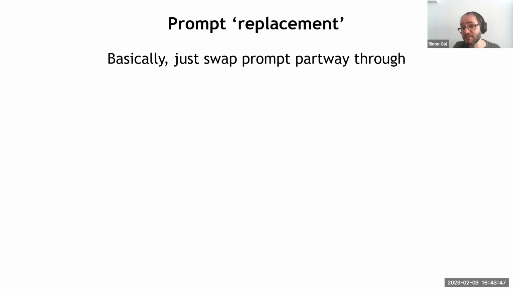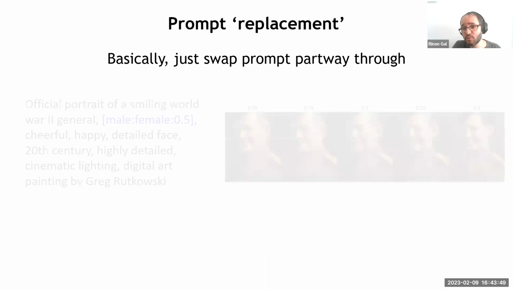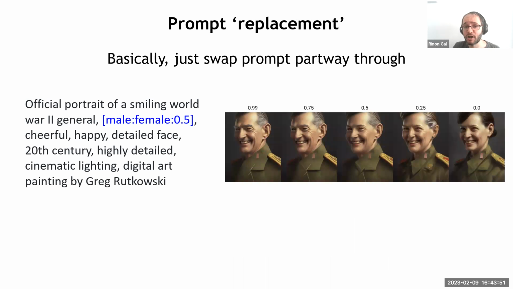Another one that makes more intuitive sense is just swapping out the prompts partway through the denoising process, right? Diffusion is a multi-step cleaning process. We can start with our conditioning prompt and then just replace it at some arbitrary time step. So for example, here we have a painting of a general where we ask for a male general to begin with, and we can swap the word male for female partway through the process.